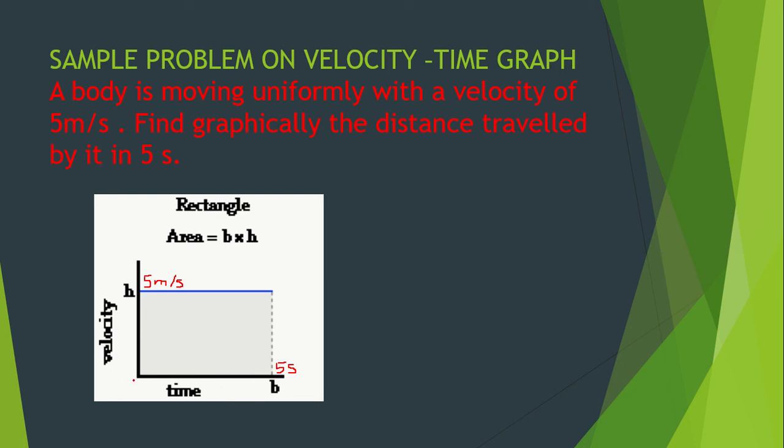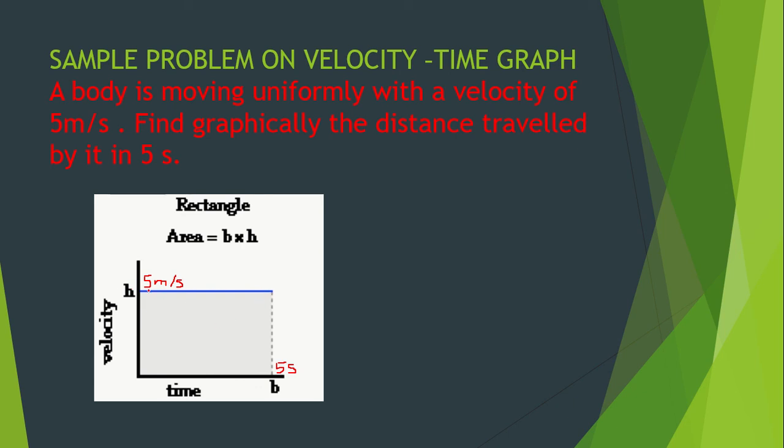So the object starts from origin, and you can see that the velocity of the object is 5 meter per second, and after 5 seconds again the object's velocity is 5 meter per second. So since the beginning the velocity is the same, there is no change in velocity, right?